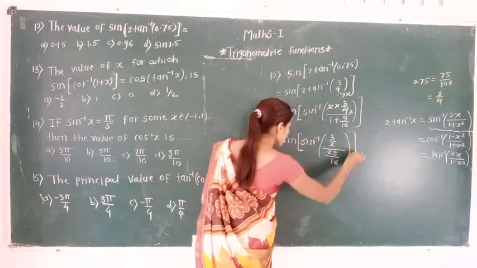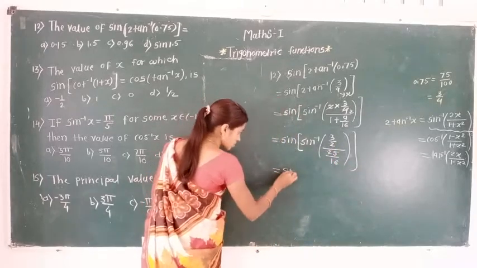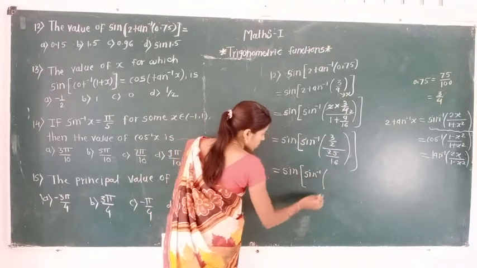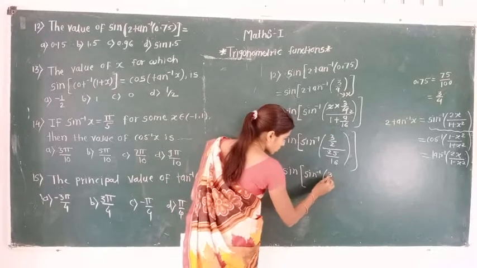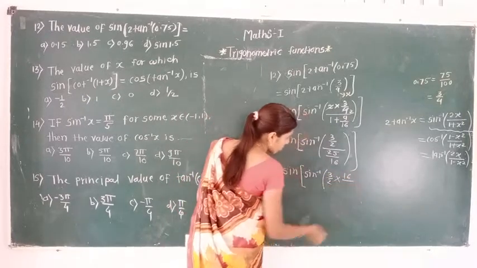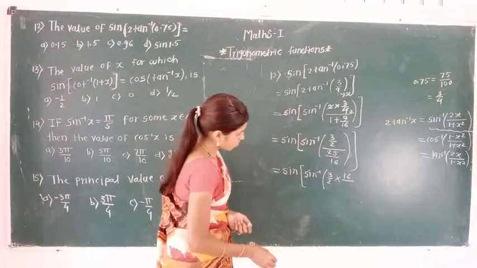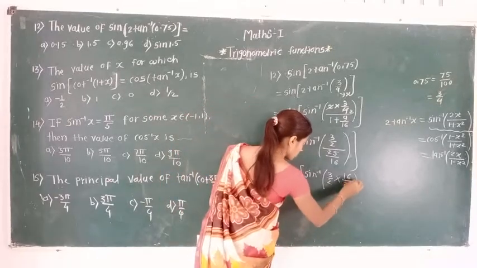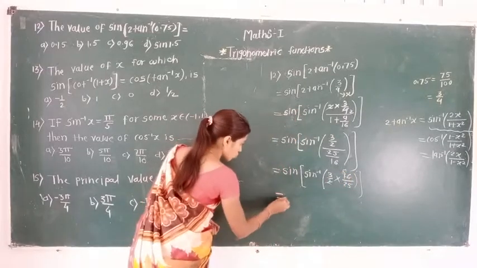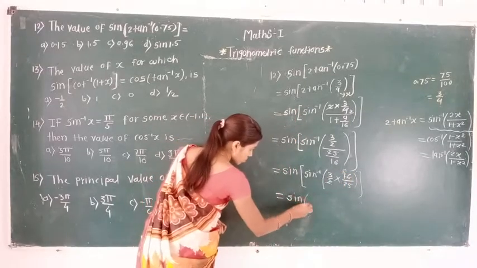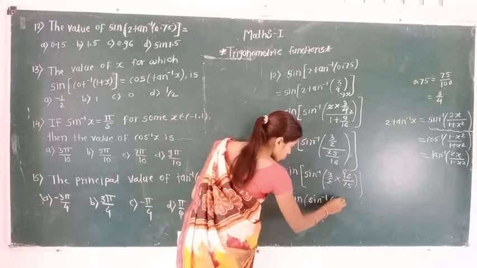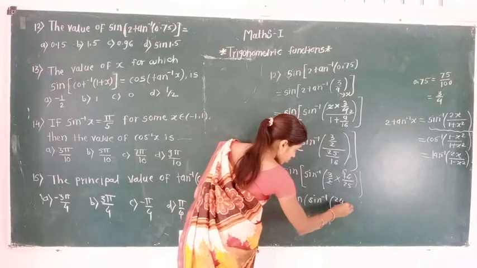Okay, so we can write sine of in bracket sine inverse in bracket, cross multiplication is 3 by 2 cross multiplied by 16 divided by 25. In that case 2 8s are 16, so we can write sine of sine inverse in bracket 8 3s are 24 divided by 25.